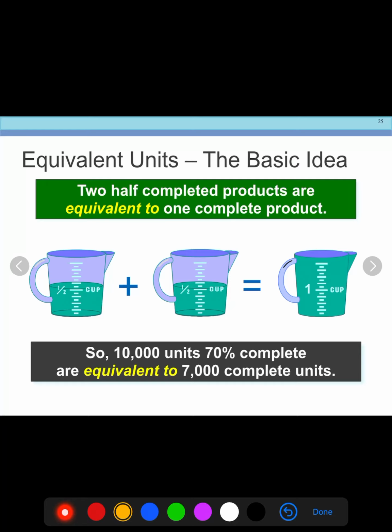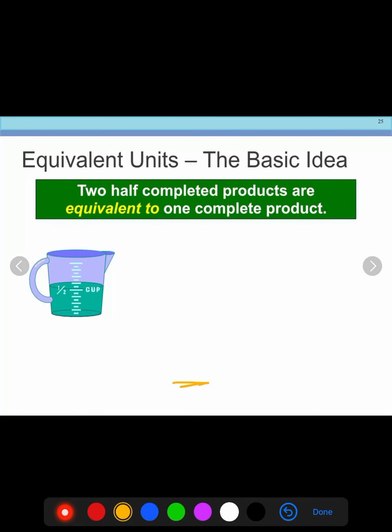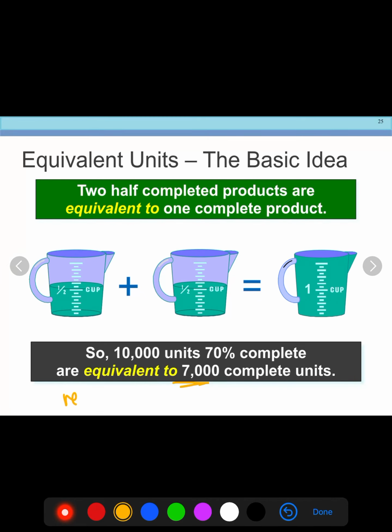So let's have this illustration. 2 half completed products are equivalent to 1 complete product. So 10,000 units with 70% completion are equivalent to 7,000 complete units. So pag sinabi mong equivalent units of production, you are actually restating incomplete to complete units.